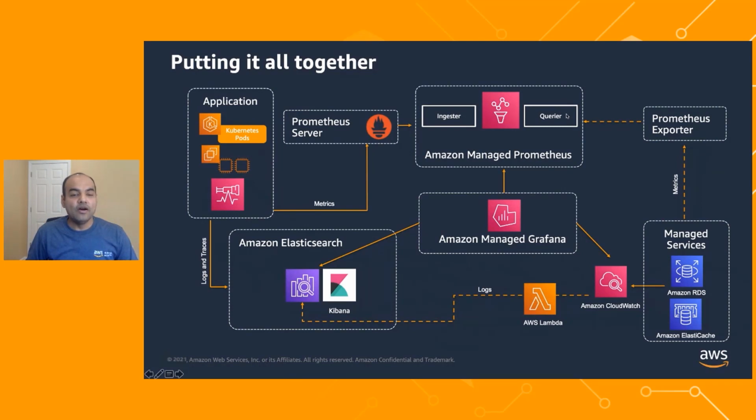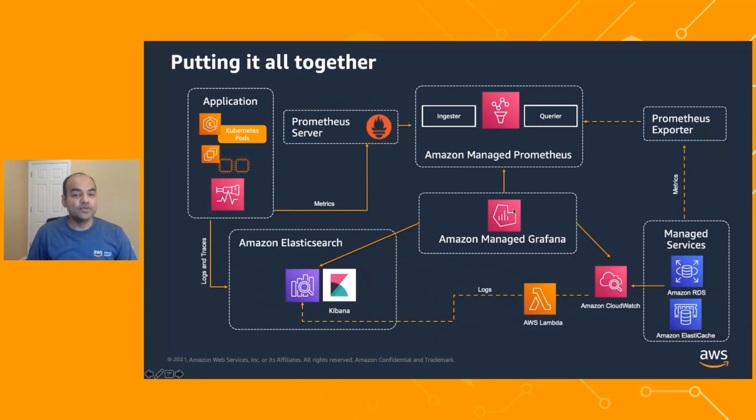So now all the metrics from your applications on EC2 are going to Prometheus. You can also have the managed services send metrics to Prometheus using the exporter. You can have Amazon Elasticsearch get all the logs from your applications and EC2 machines. And all of this can be visualized in a single place, which is Grafana.